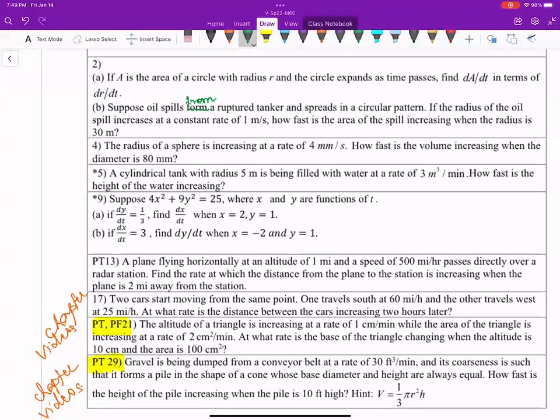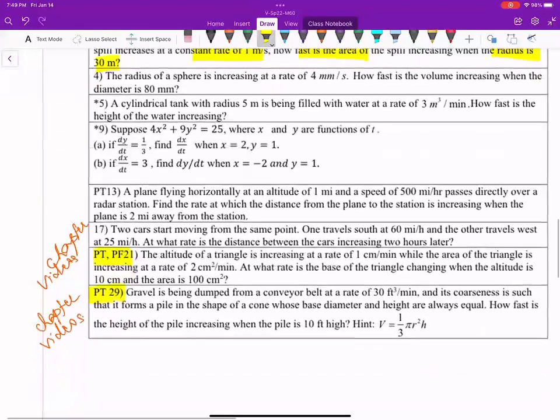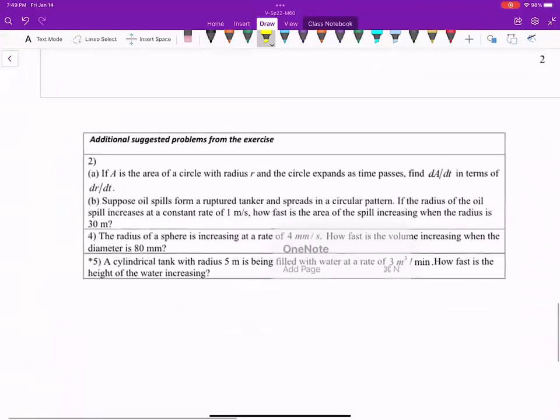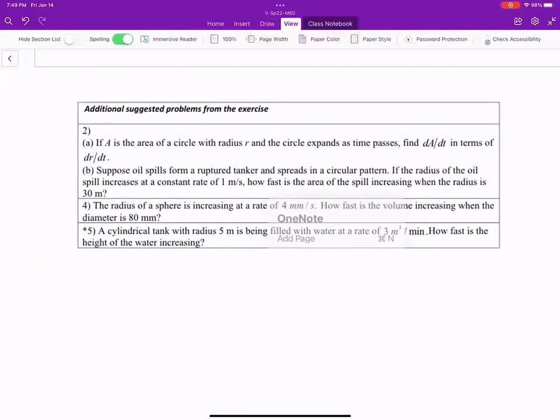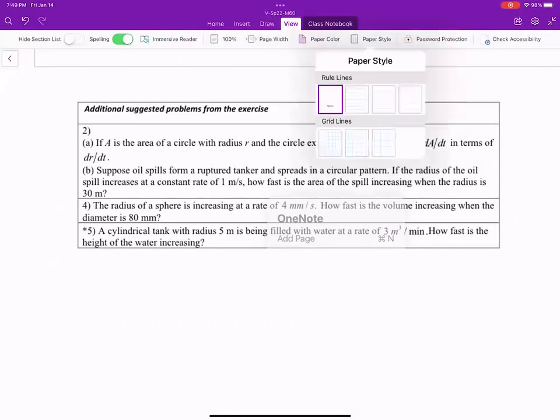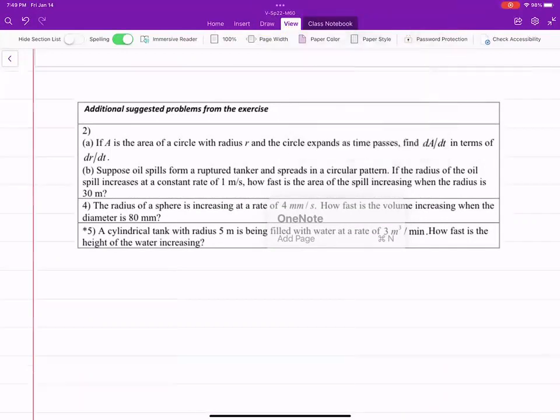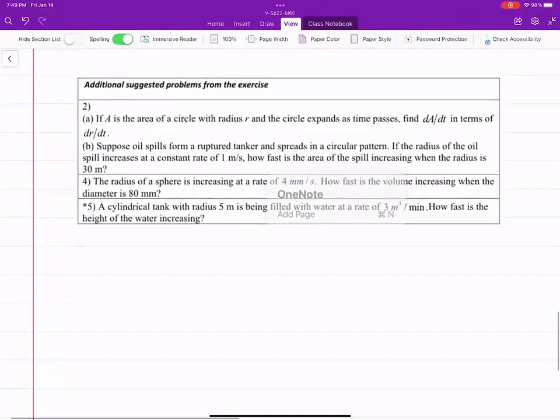If the radius of the oil spill increases at a constant rate of 1 meter per second, how fast is the area of the spill increasing when the radius is 30 meters? The idea is kind of similar to the one that we have done. To make more room, I have copied it over here. So let's do problem number 2.